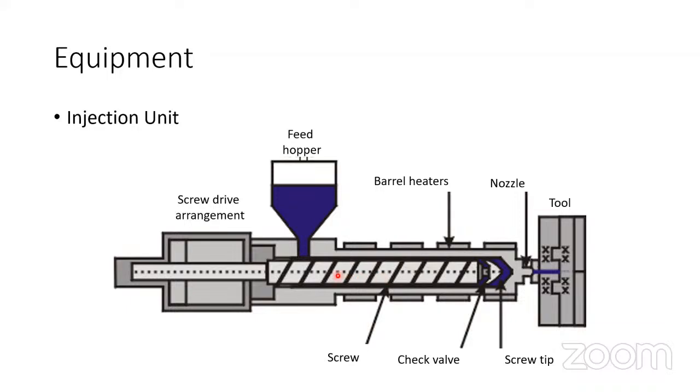Here, there are three sections. One is the feed section below the hopper, then the compression section, and the last one is the metering section. It is also called the melting section.